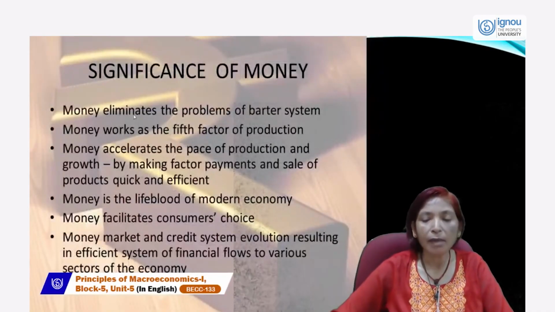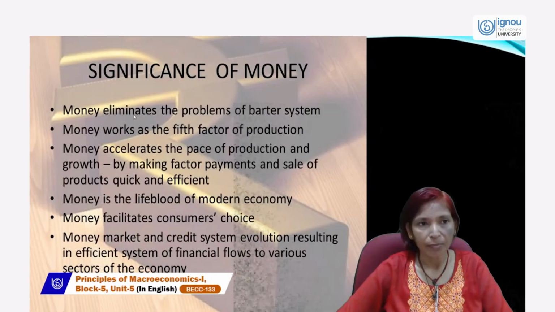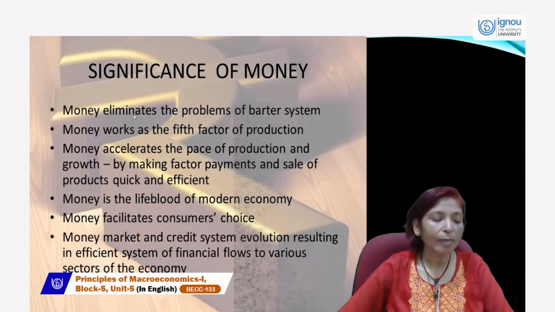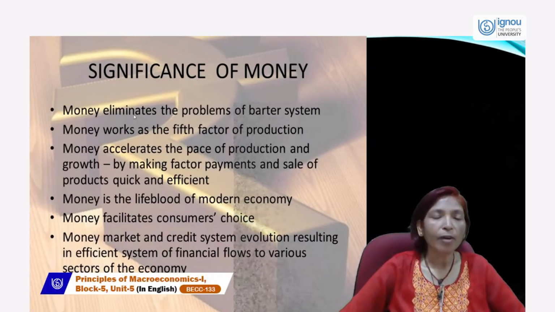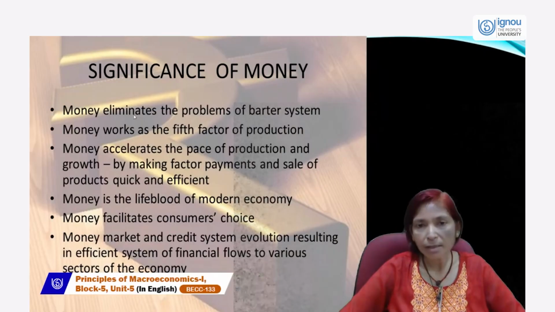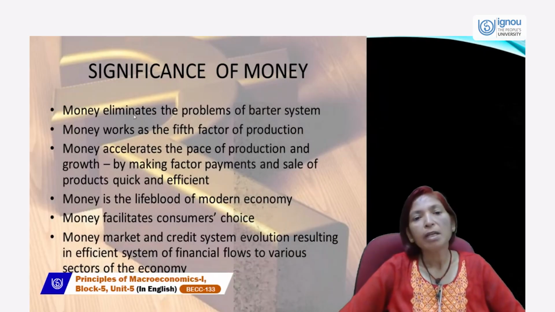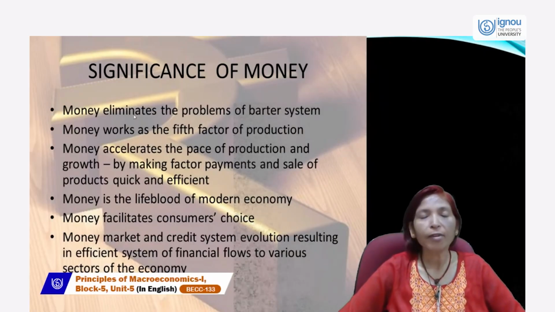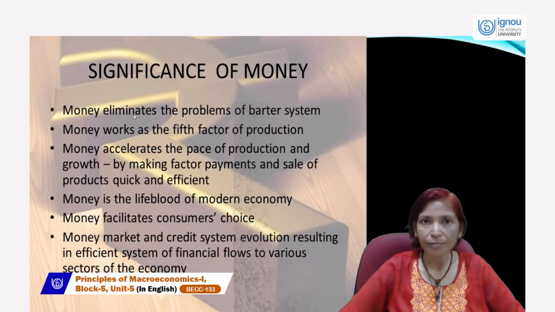Now, next is the significance of money. Significance of money means what is the importance of money? Money eliminates the problems of the barter system. Money works as the fifth factor of production.